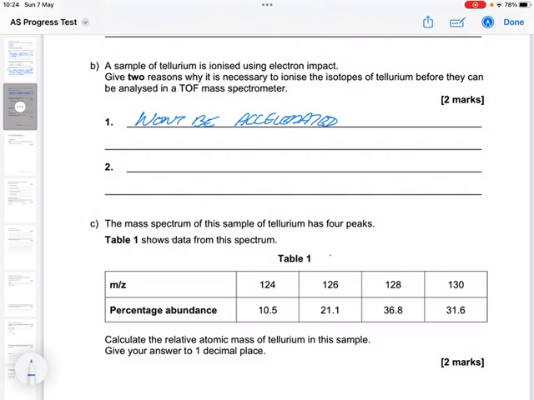And the second thing is that they won't be detected either. So it won't be detected. And there's your 2 marks for that one.